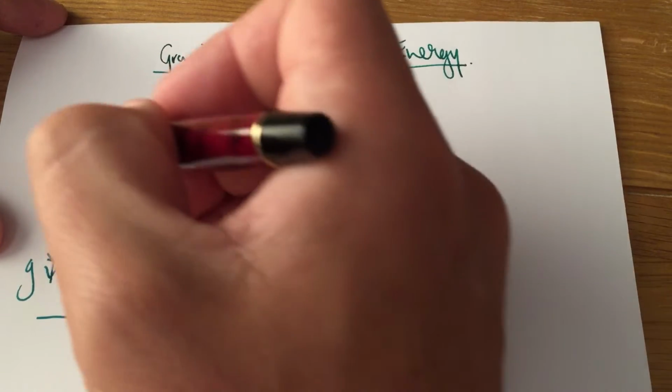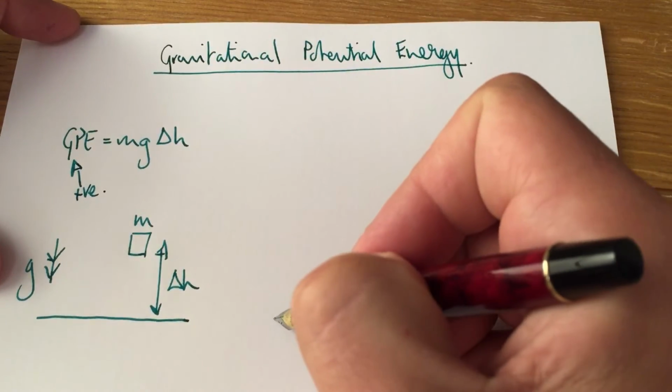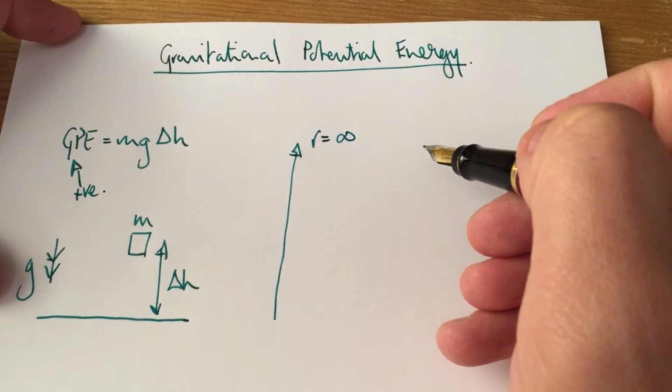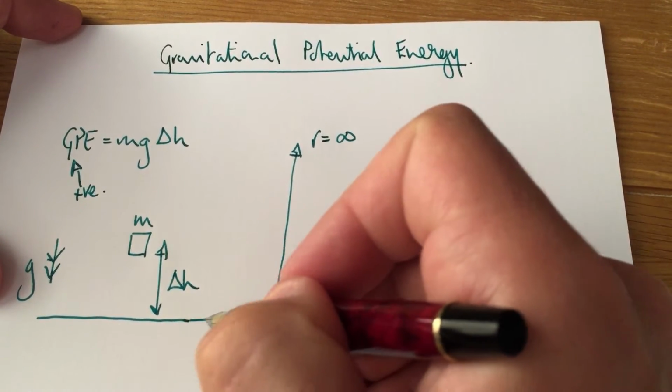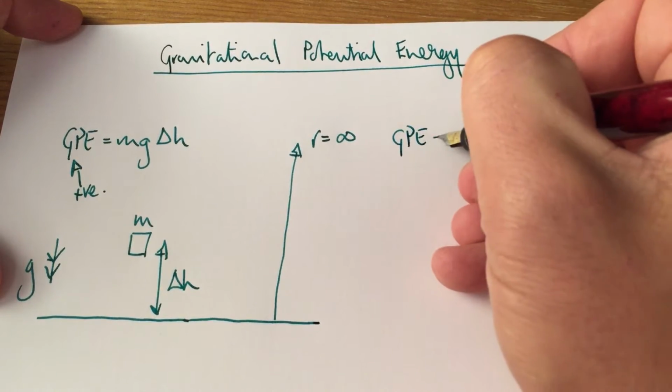Now, this has always yielded positive numbers. However, if we were to move an infinite distance away from an object, then the gravitational potential energy at that point would be 0.